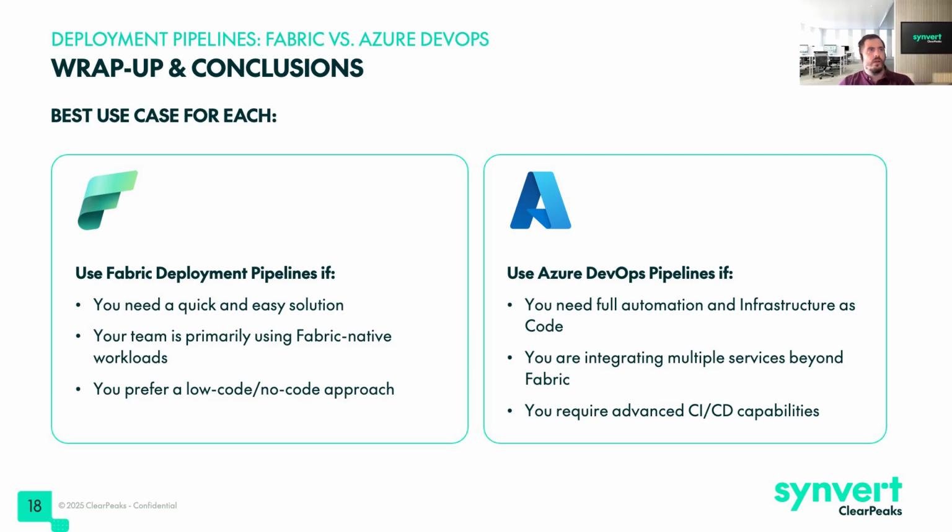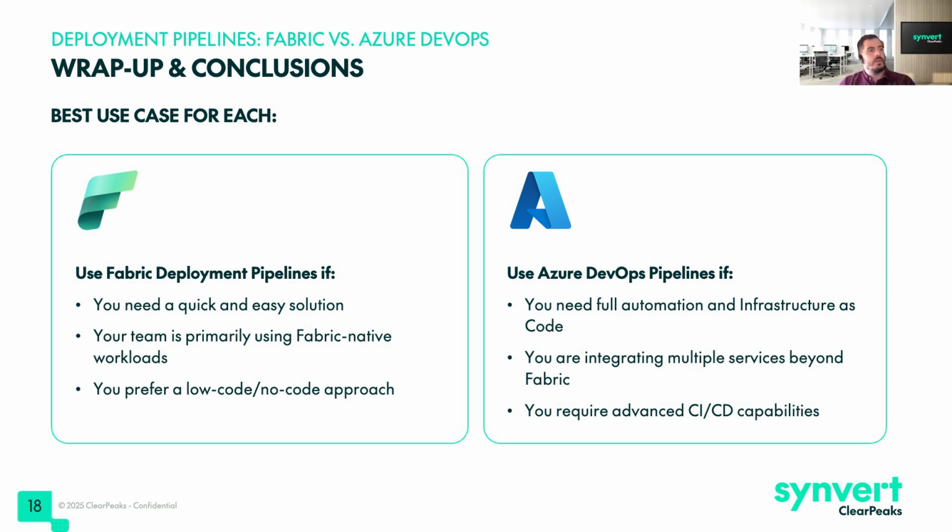On the other hand, we have Azure DevOps pipelines, and in this case, I will recommend Azure DevOps pipelines if your solution requires a much more productive and professional automatization process, where you have a lot of requirements on, for example, triggering authorization and a secure deployment process.